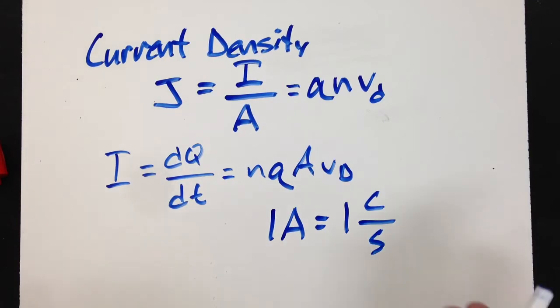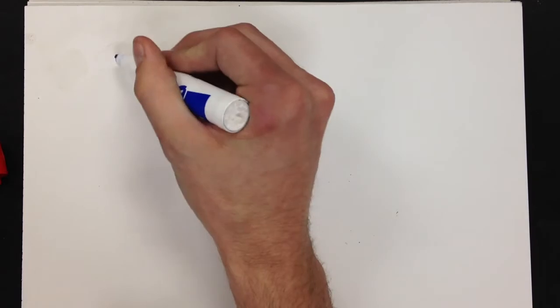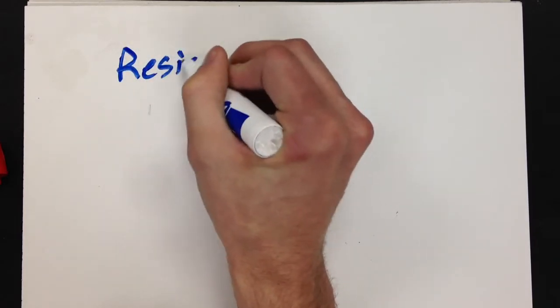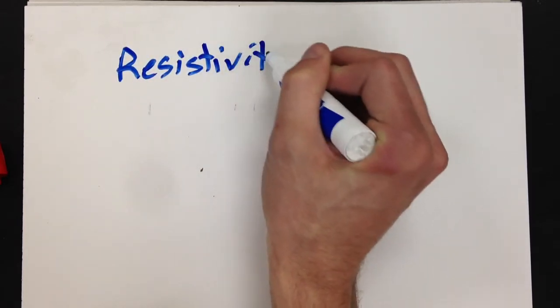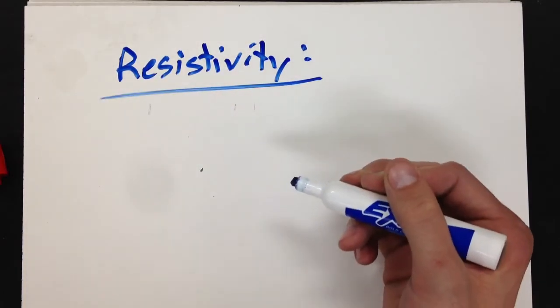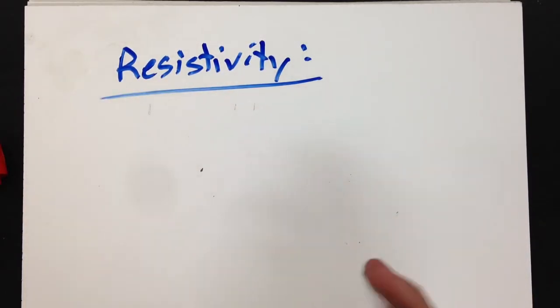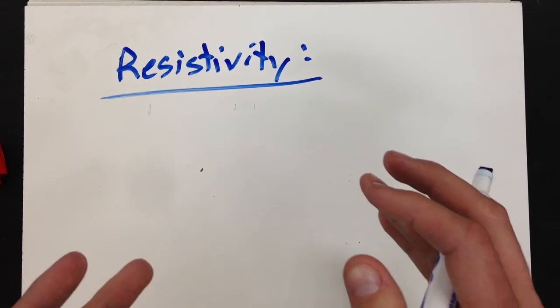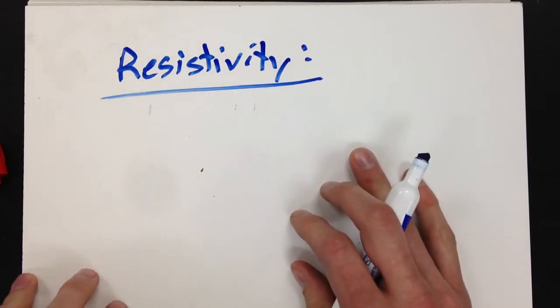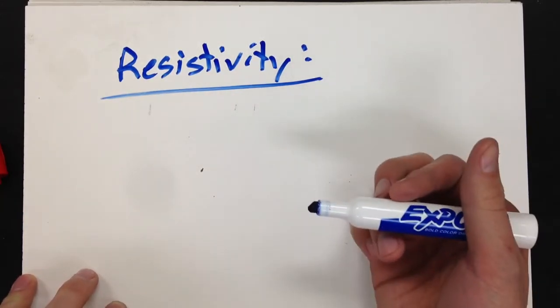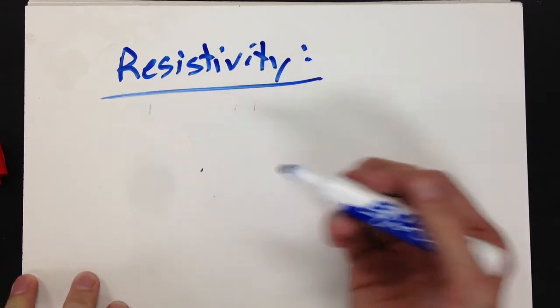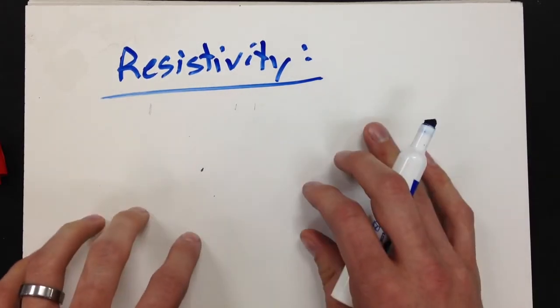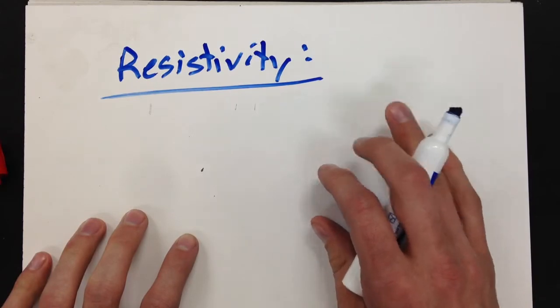Okay, so let's talk about resistivity. Resistivity for most metals, most conductors, at a given temperature, J, our current density, is directly proportional to the electric field.